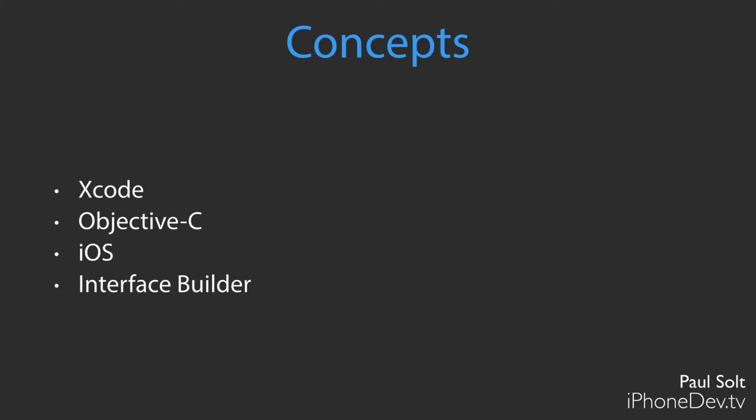All right, next up is Interface Builder. Now, in Xcode 3, this used to be a separate application from Xcode, where you could design interfaces for your Mac or your iPhone apps. In Xcode 4 and 5, they've merged Interface Builder into Xcode.